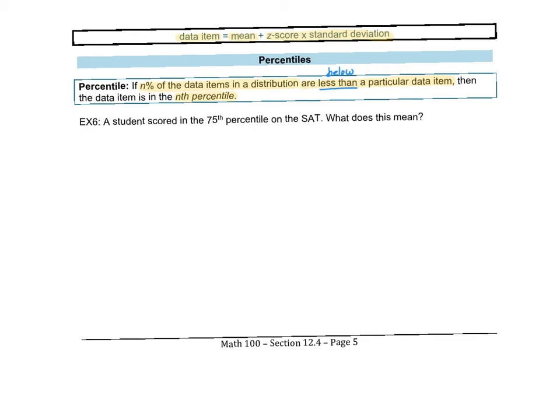That's our percentile. For example, a student scored in the 75th percentile on the SAT. What does that mean? That means that 75% of all scores are below this student's score.